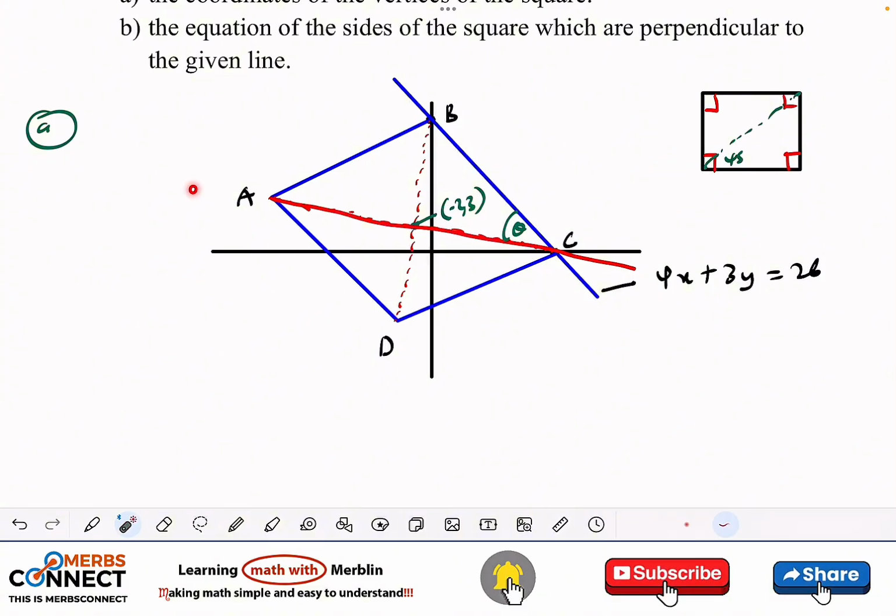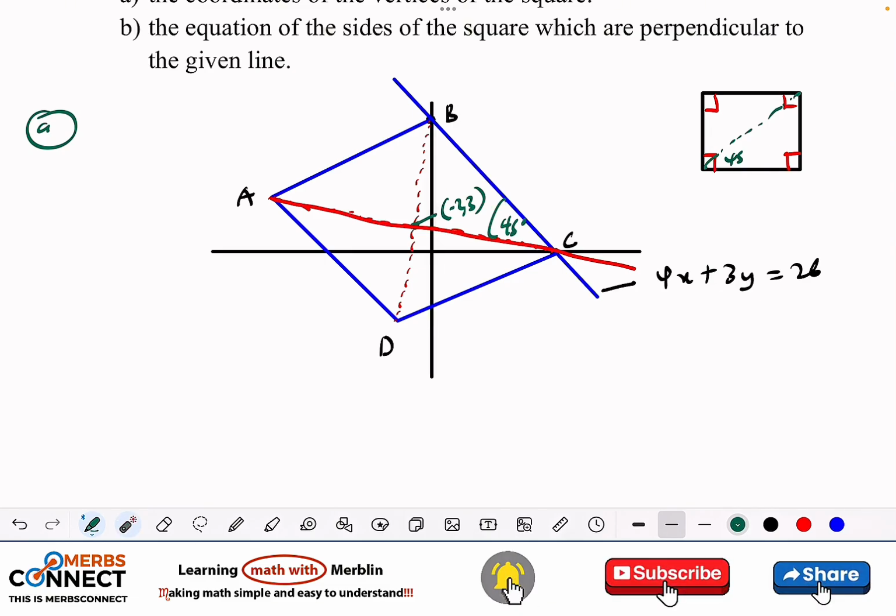So we have one line here, another line here with angle theta. But this angle theta here is 45, because when we divide this one into two, we get 45. So the angle between these is 45 degrees.